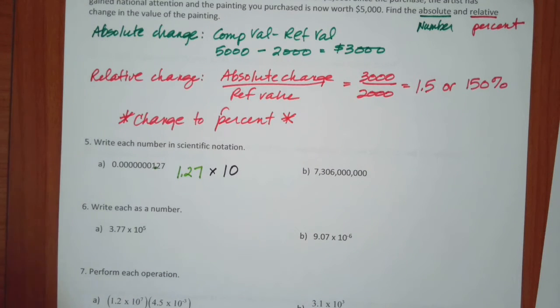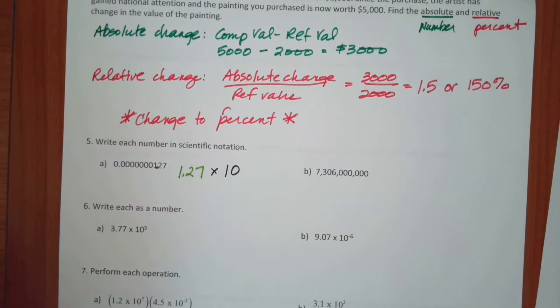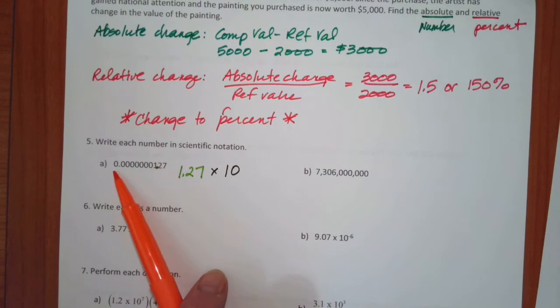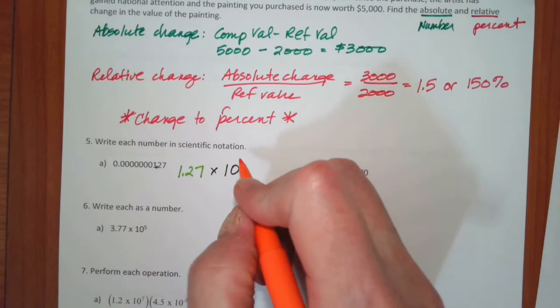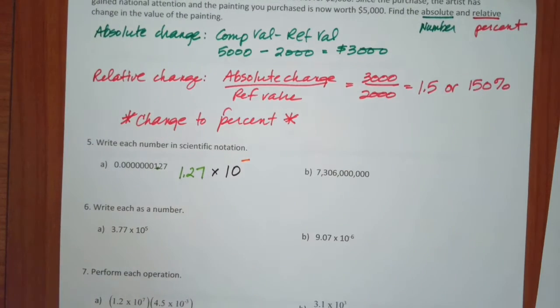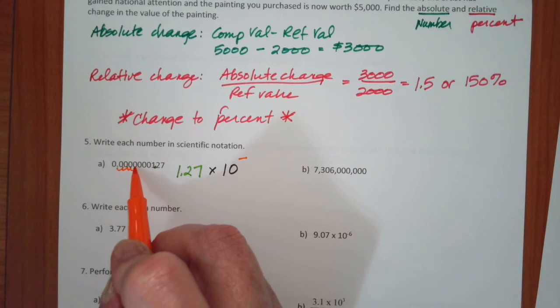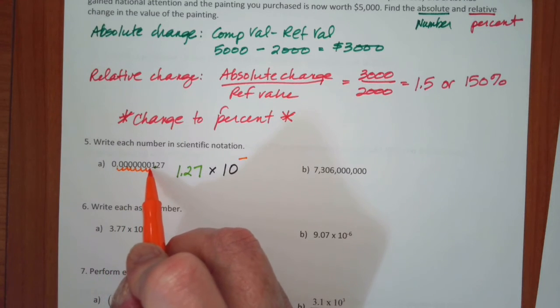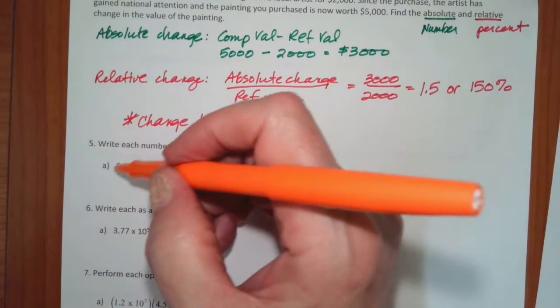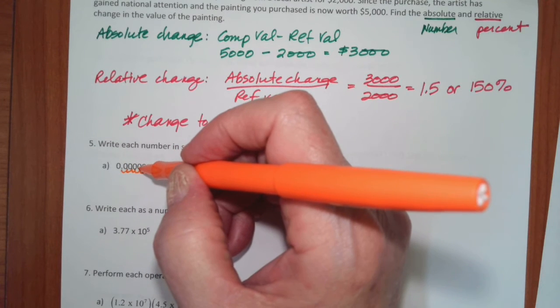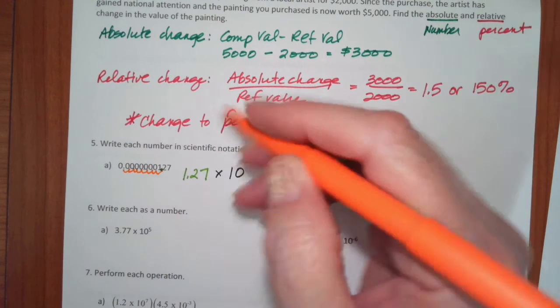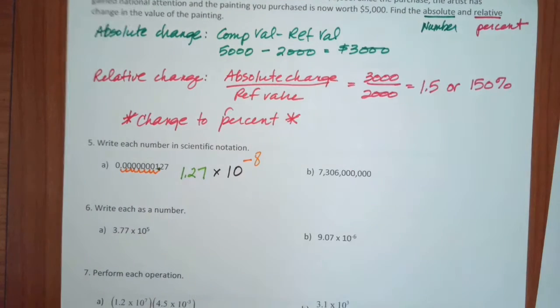Then I'm going to look at how many places I move the decimal. First of all, I know this is a number smaller than 1, which means my exponent is going to be negative. And I moved it 1, 2, 3, 4, 5, 6, 7, 8 places. So 10 to the negative 8.